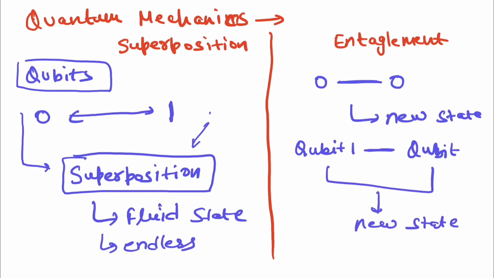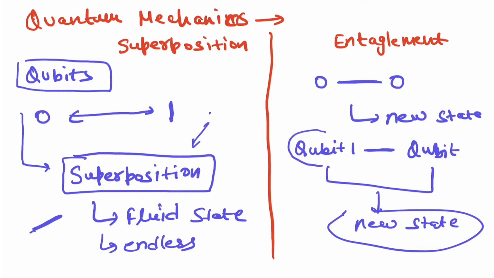And this is also one of the ways to get more states. One way we discussed is that you can have endless states within one qubit, but here what we are talking about is that when you entangle multiple qubits, you get new states. And when you have entangled qubit 1 and qubit 2, if you make any change in qubit 1, it impacts qubit 2 also.